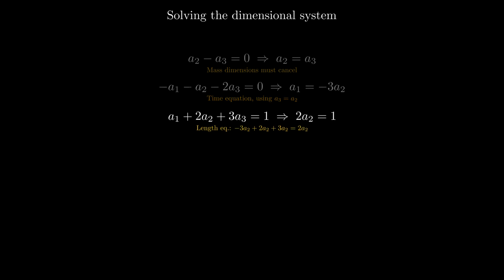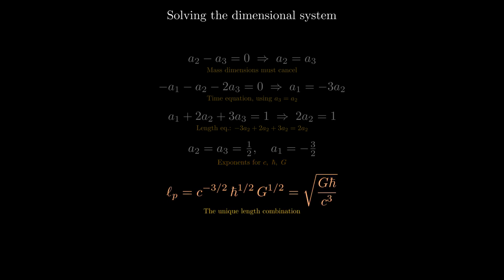Then the length equation, a1 plus 2a2 plus 3a3 equals 1, becomes 2a2 equals 1. So a2 and a3 both equal 1/2, while a1 equals minus 3/2. That means the only length you can build is the square root of G times h bar divided by c cubed. This is the Planck length.